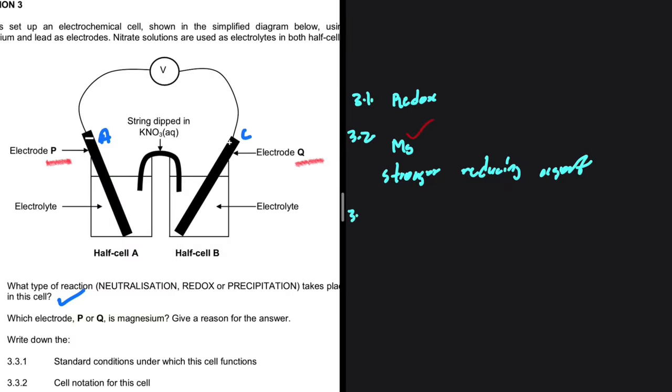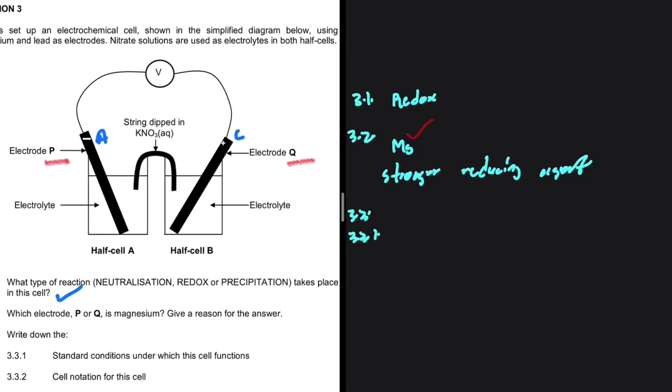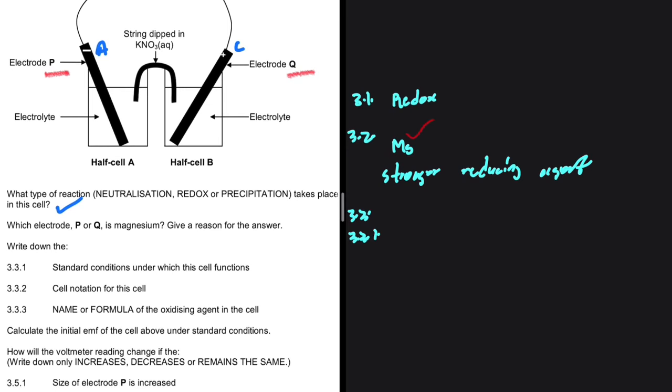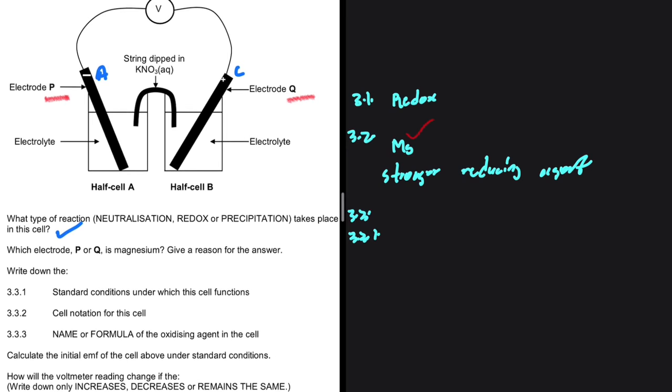Let's take a look at 3.3, 3.3.1. Write down the following, the standard conditions under which this cell functions. This is a galvanic cell. We have 3 standard conditions. Well, one being the temperature at 25 degrees Celsius or 298 kelvins.